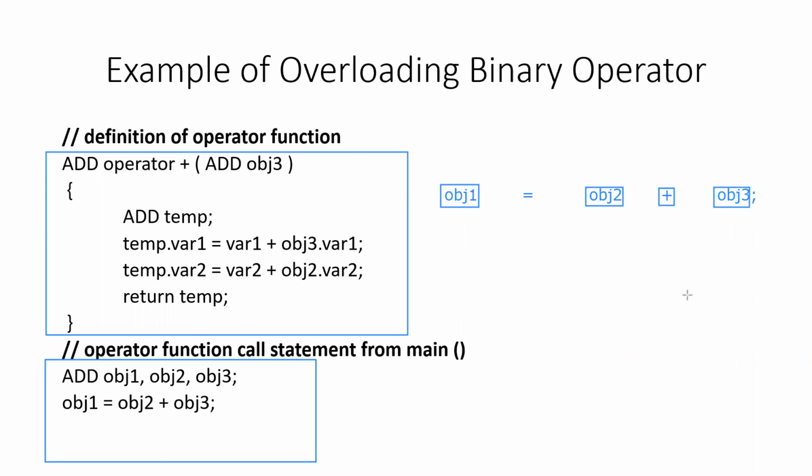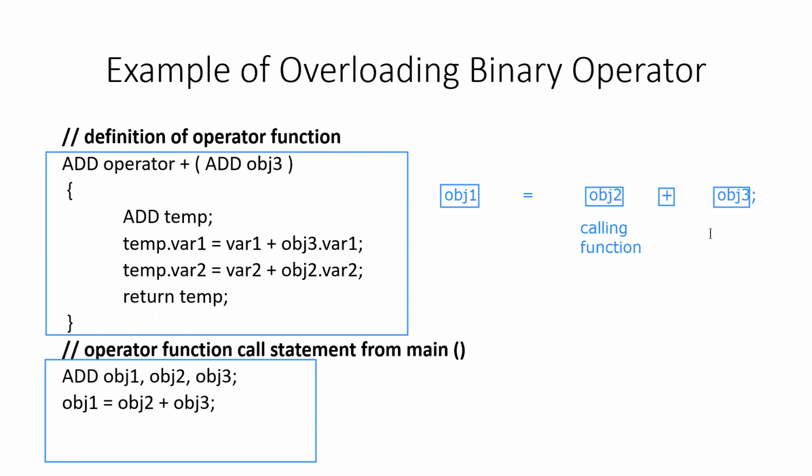Because plus is an operator function, which object is calling the operator function? The operator function is being called by the object on the left hand side of the plus operator. So that means obj2 is the calling object.